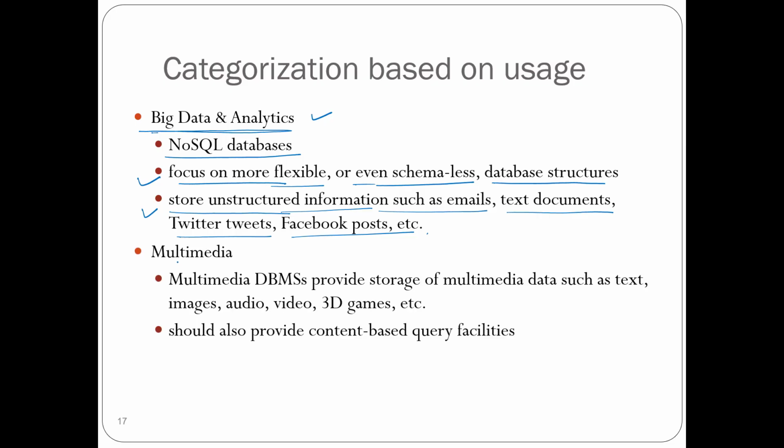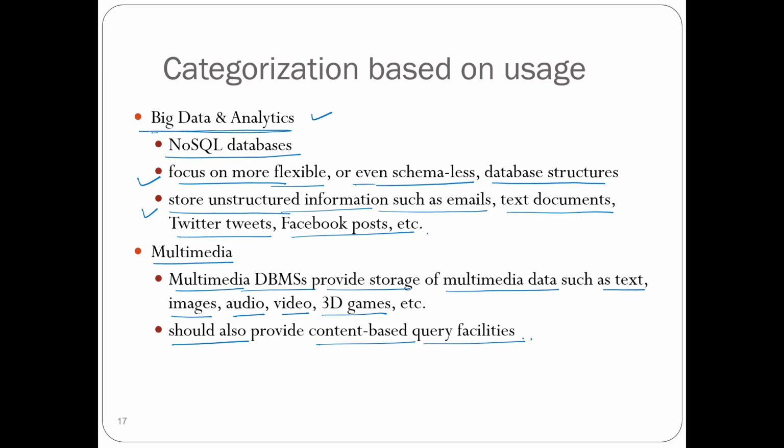Multimedia: for multimedia, we'll use a different kind of DBMS. Multimedia DBMS should provide storage for multimedia data that includes text, image, audio, video, 3D games, etc. And they should support content-based query facilities.